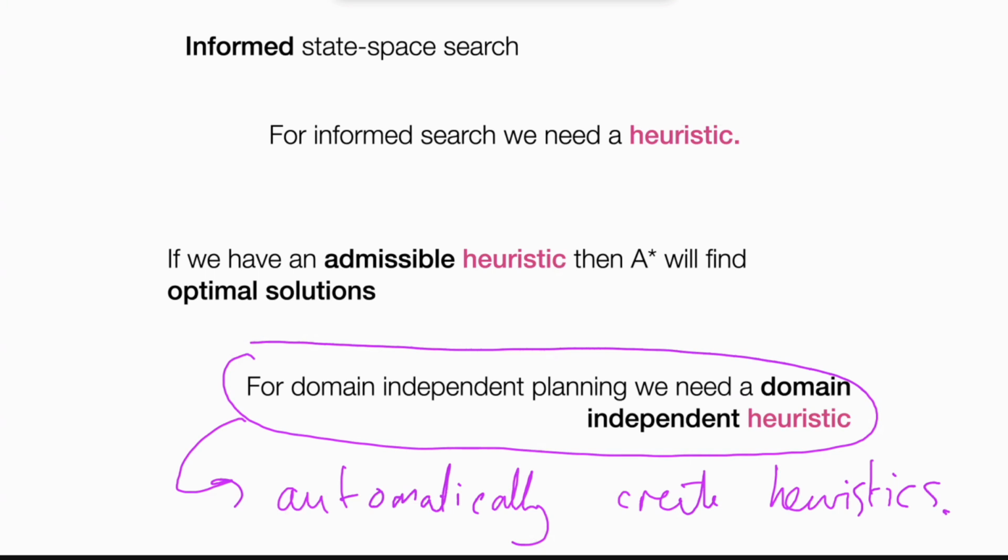The problem information is the domain, the initial state, and the goal state. So we want to look at ways of taking that information and creating an automatic heuristic.